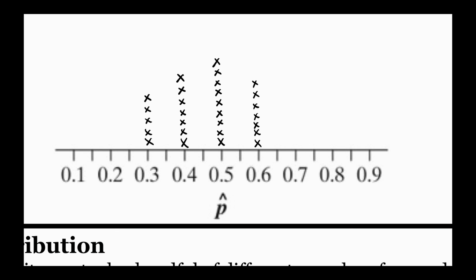How many? 1, 2, 3, 4. 4 0.7s. Anybody get 0.8s? Just 2? That's it? Okay, so 2 of these. Anybody get 0.9? No 0.9s? Anybody get 100%? One way or the other?